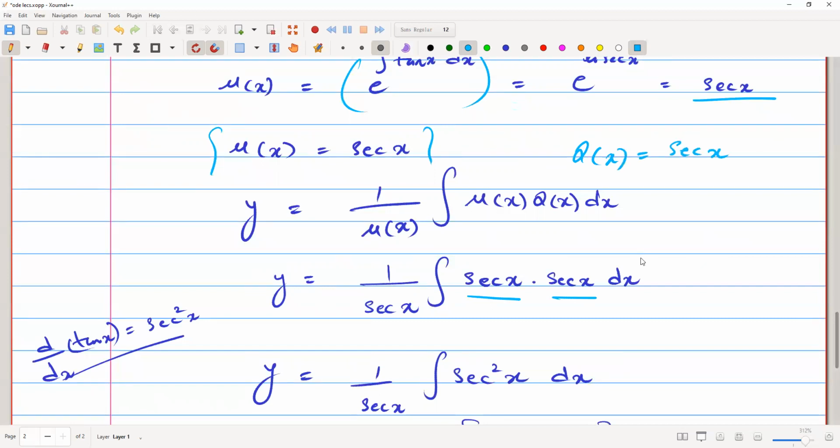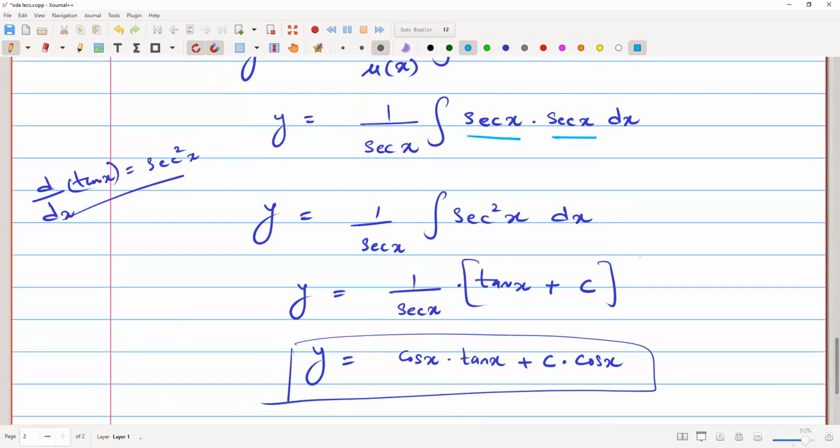So it's secant square x, and we know that the derivative of tangent x is secant square x. So the integral of secant square x will be tangent x, because this is the antiderivative. So we have y equals 1 over secant x times tangent x plus c.